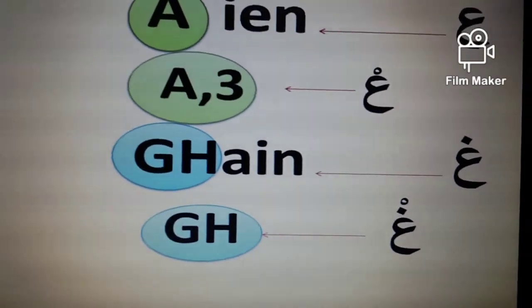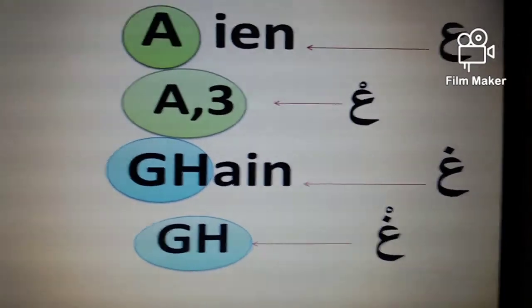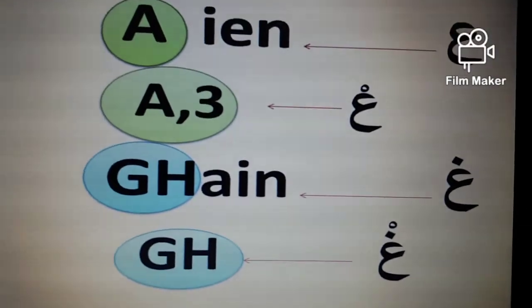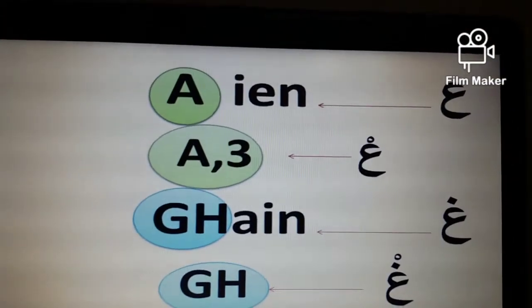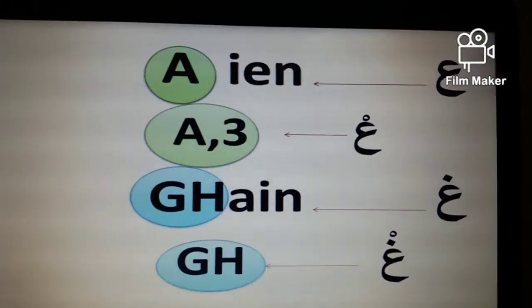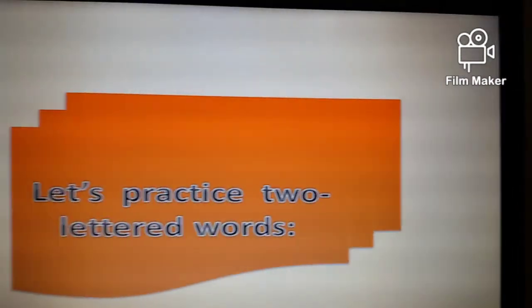It comes from my throat if you observe that. So ayn becomes a and ghain becomes r. So let's give you some tips on the pronunciation of that letter.